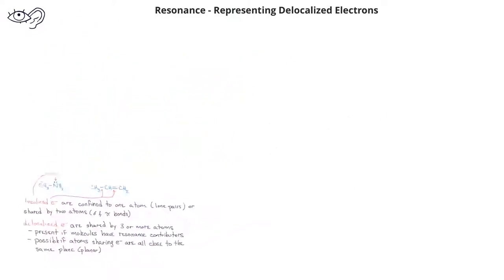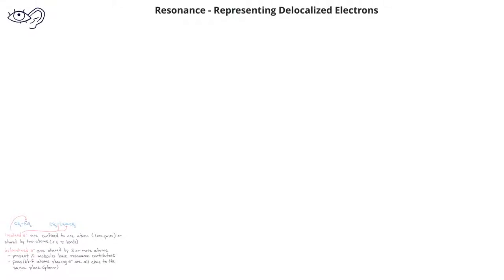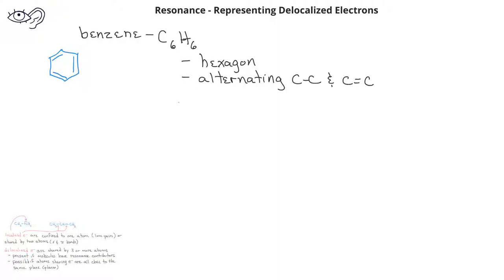Let's look at one typical example of a molecule with delocalized electrons. This is the structure of benzene, which has the chemical formula of C6H6. When we look at the structure of benzene, we notice that it is a hexagon, but it has alternating single and double bonds.